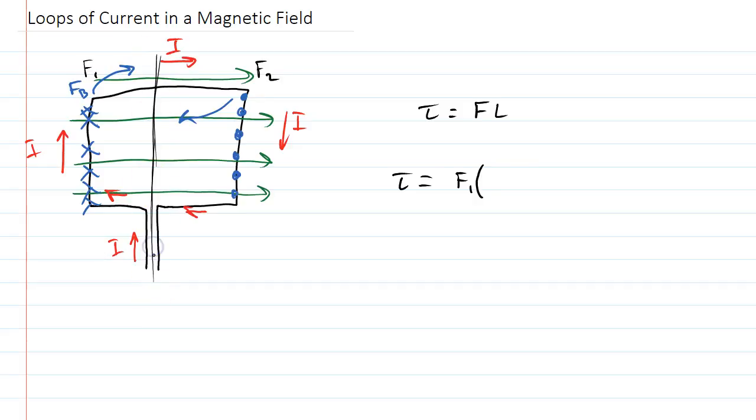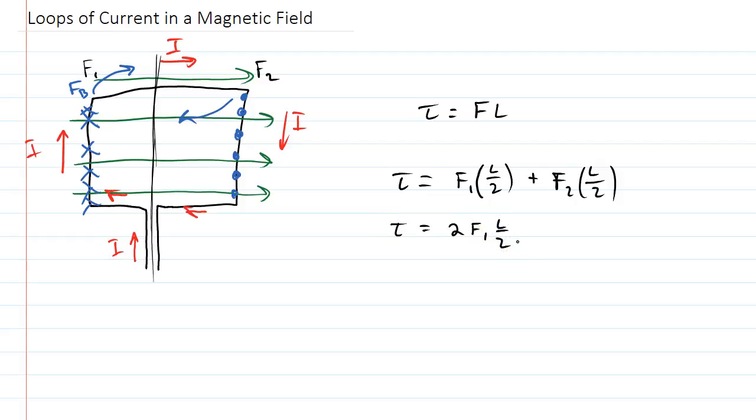But the center here is going to be half of L, so we're going to write this as L over 2. Now if you add that to the other torque, which is rotating in the same clockwise direction, that would be the second force times the same length divided by 2, because it's half the length the other way from the pivot. So really this is the same as 2F1 L over 2.